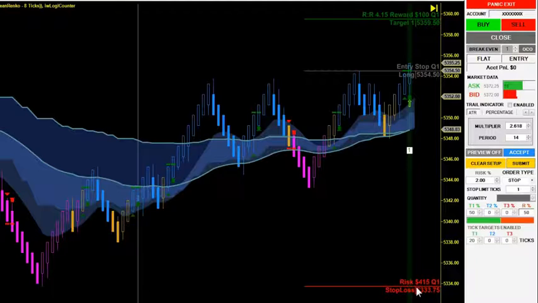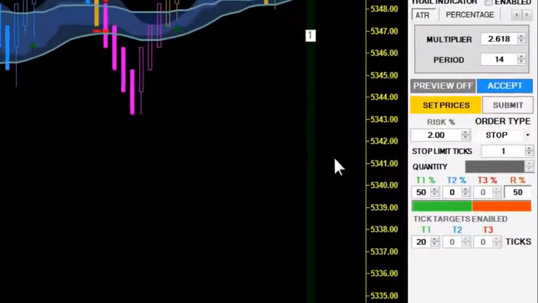If you're trading a $100,000 account, 2% of $100,000 might be $2,000. It's a large amount, but it's hardly going to put a dent in a $100,000 account, right? You're still going to have $98,000 to trade with. Is the loss unpleasant? Yes, but is it a loss you can afford? Absolutely. And this is what so many traders do incorrectly, and then they wonder why they can't make money trading.